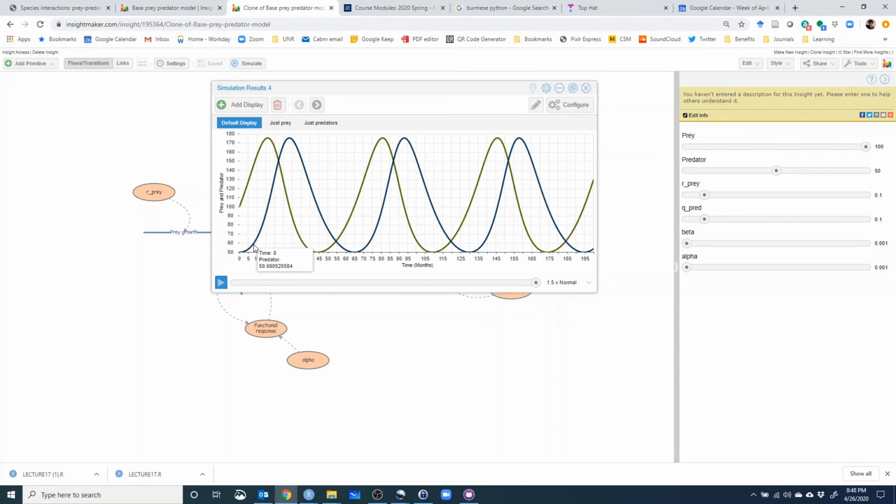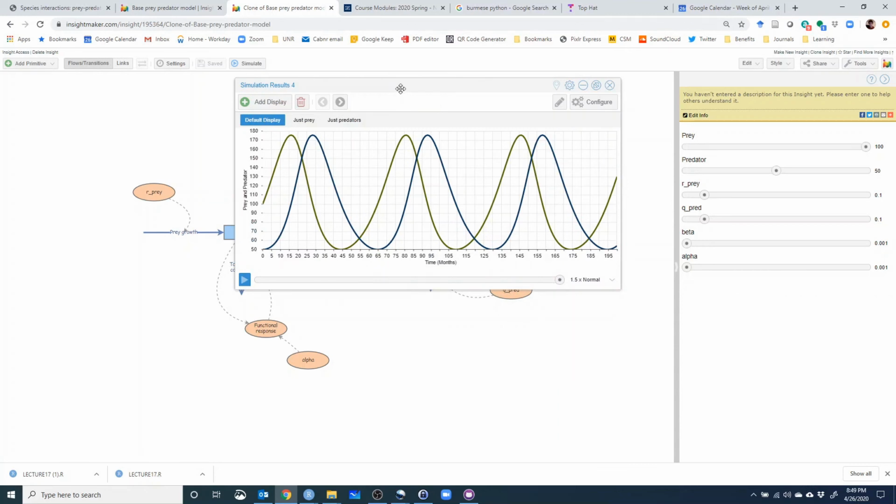As the prey goes up, the predator starts to grow exponentially, but at some point the predators get to so much that the prey population really is heavily controlled. At a certain point, the predator population can't grow anymore. It starts declining. At a certain point, the prey population can start increasing again because there aren't very many predators on the landscape. So we have this oscillating pattern that is common to the classic Lotka-Volterra prey-predator system.